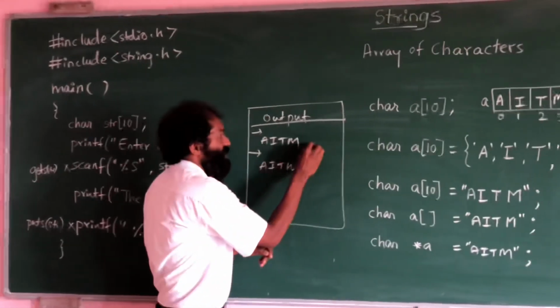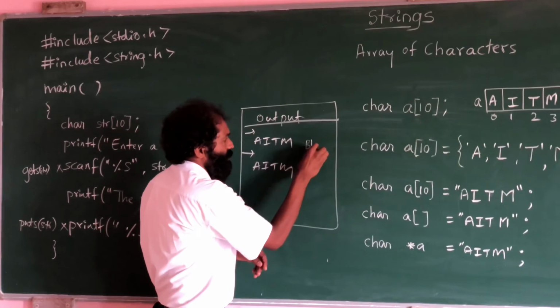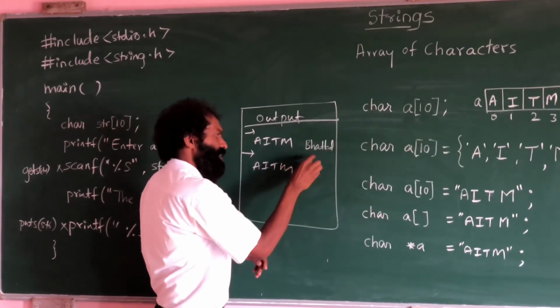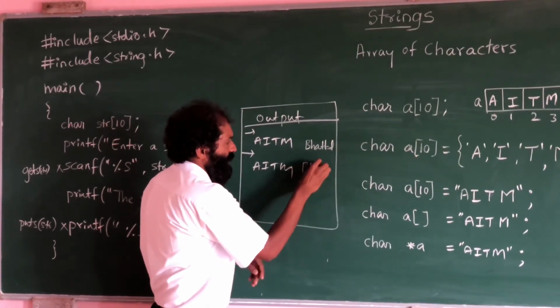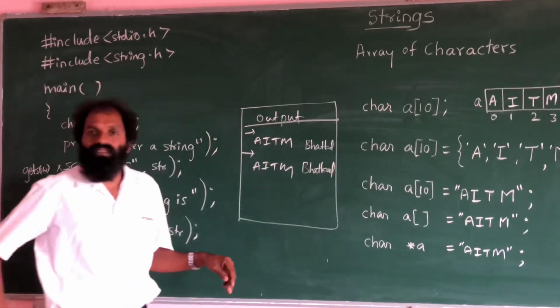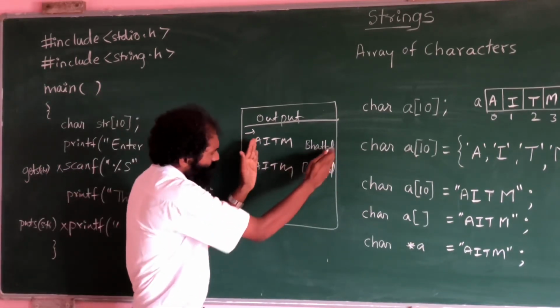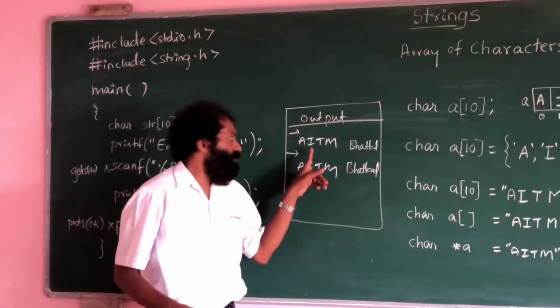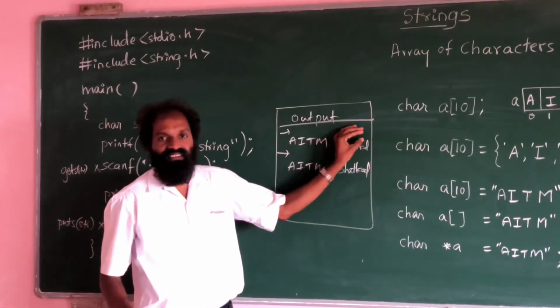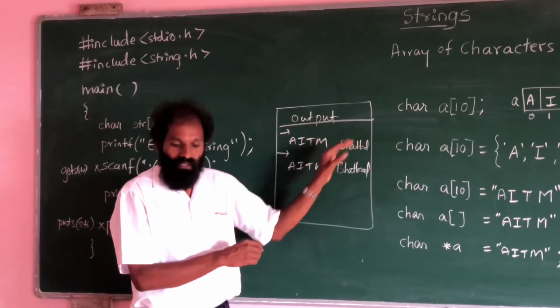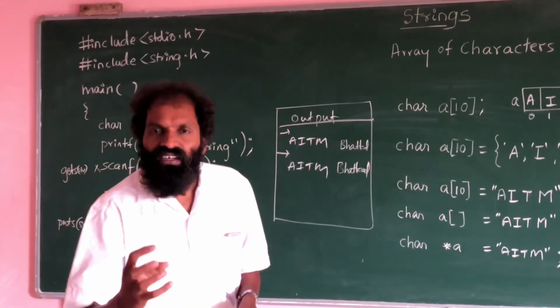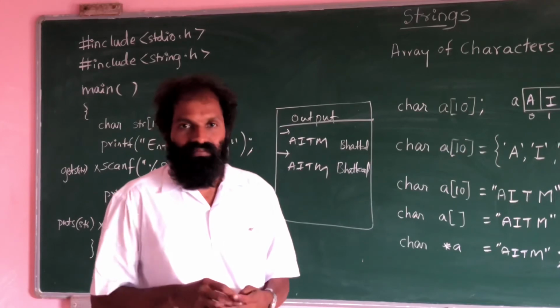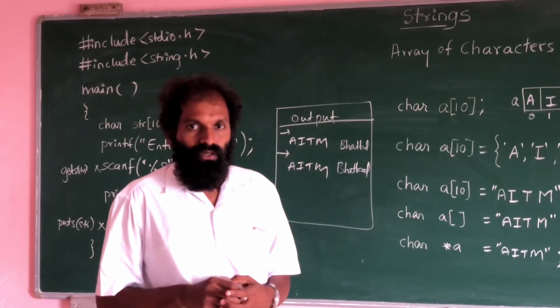If we write ATM butcurl, it will be printed completely, whatever we type. In the previous method, with %s, if you type ATM butcurl, it won't take this. Only ATM is taken. It means it takes only one word.